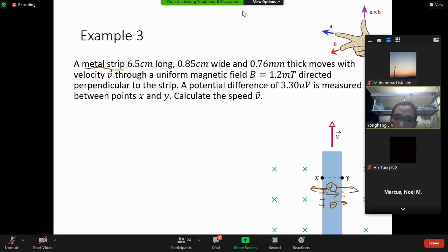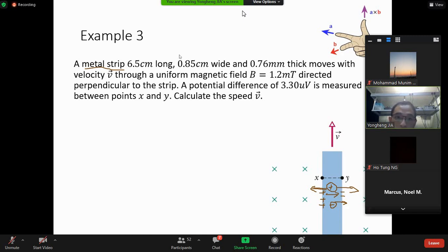So that's why the potential difference won't increase to infinity. It's just because the free carriers will stop moving when the electric force equals the magnetic force.